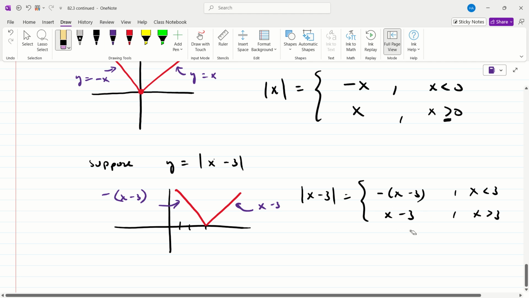And I have to have one of these guys carry the 3 with it. It really doesn't matter whether you give it to the top or give it to the bottom. In this case, I'll keep it with the bottom. So whenever you have an absolute value with a little bit of shifting with it, when you have x plus or minus a number, you could always deal with that this way.